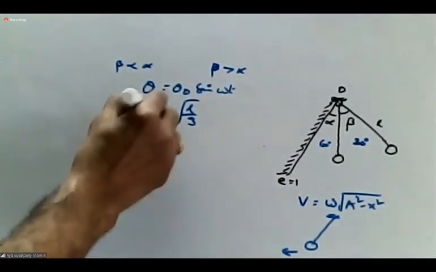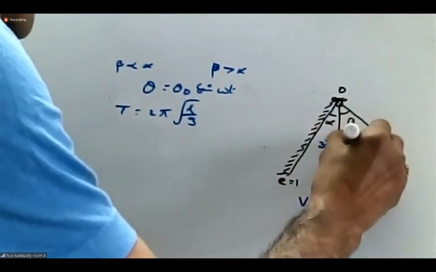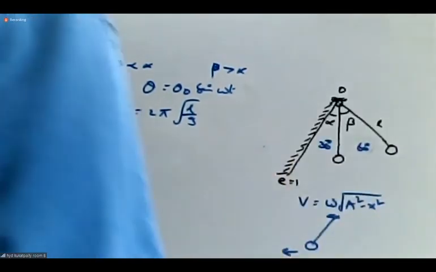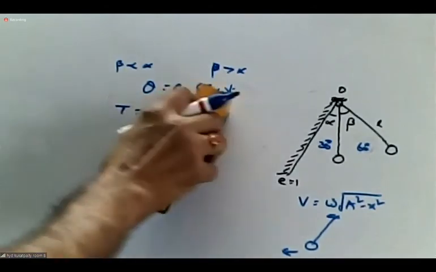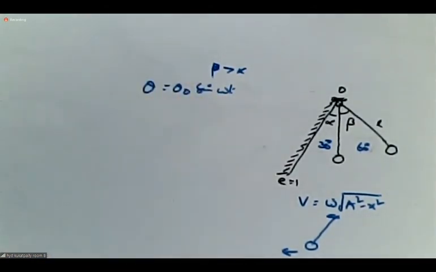But when beta is greater than alpha, that means suppose the wall is at 30 degrees, but you have swung the pendulum up to 60 degrees and released it. In this case, the time period will differ. So here, beta greater than alpha. In this case, what happens?